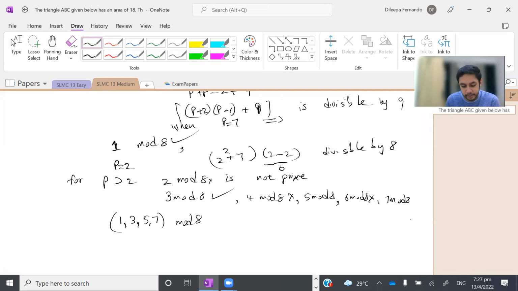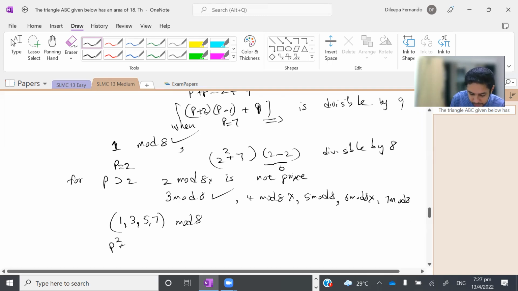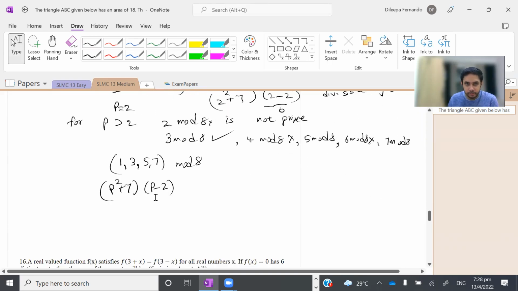Now let's see, whenever p equals 1, 3, 5, 7 mod 8, what happens to this expression, p squared plus 7 into p minus 2. So for 1 mod 8, it's 1 plus 7 into minus 1 mod 8.